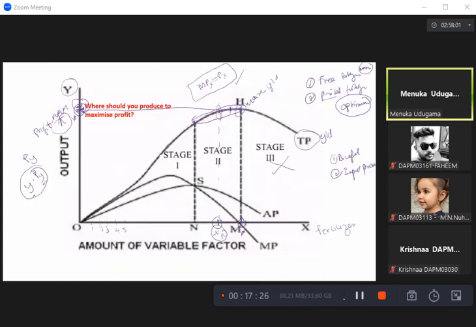And this is a typical generic graph, just to understand the theory behind this. You can see that the total product will increase as you increase the fertilizer level. Total product increases, comes to a maximum, and then decreases.